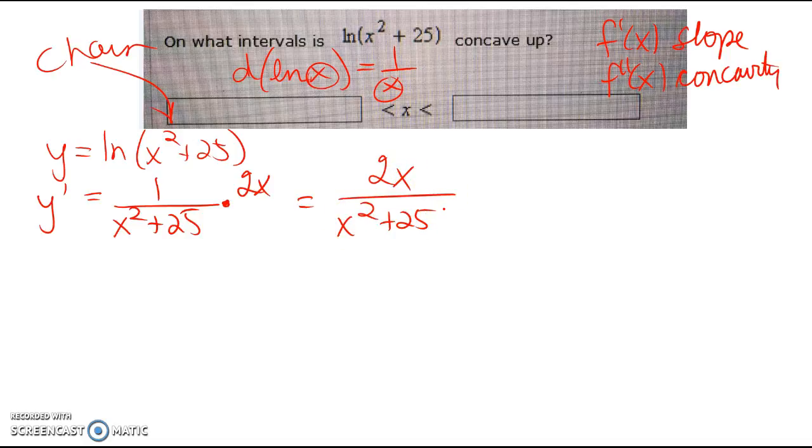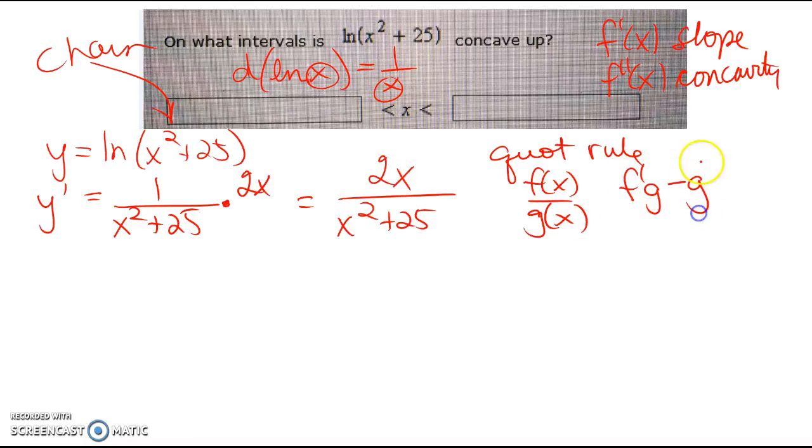Well, now I'm going to use the quotient rule, which says if we have an f on the top and a g on the bottom, it's f prime g minus g prime f over g squared.